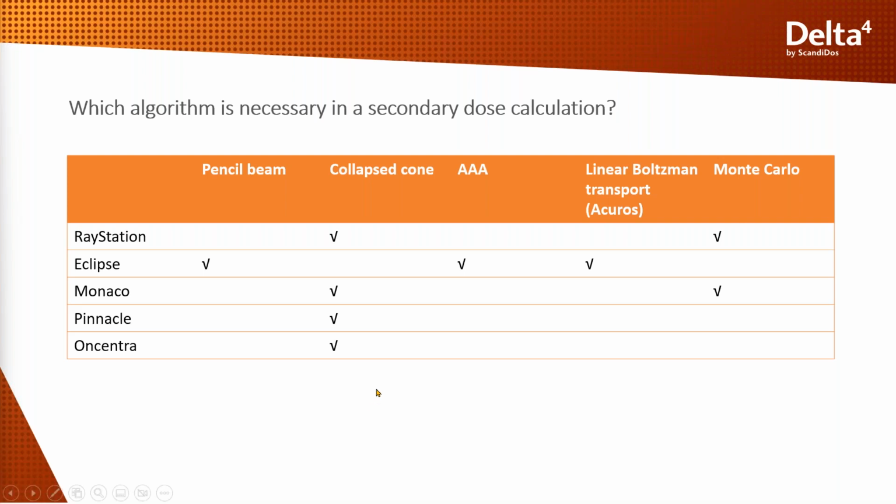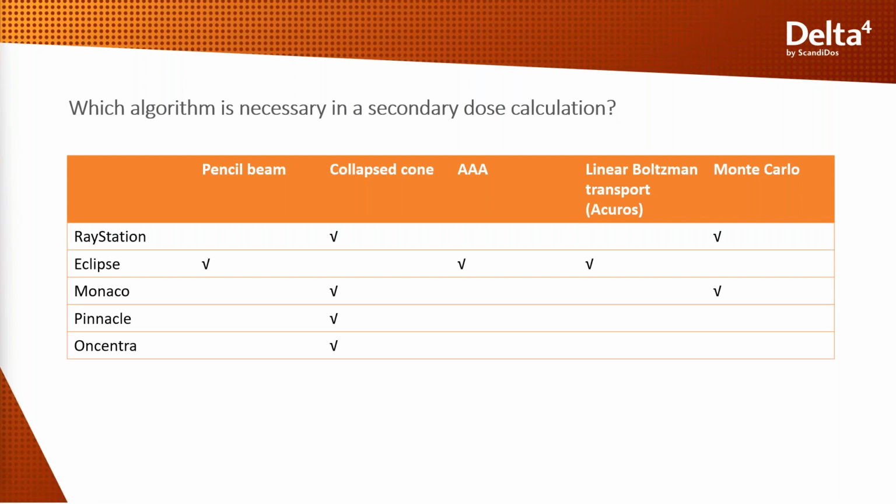So which algorithm is necessary in a secondary dose calculation? Well, to be able to have a qualitative check of a dose calculated, you need to have an algorithm that is equal or better than the algorithm that you are indeed checking. So the algorithm that you have in your treatment planning system must serve as a baseline for your choice of secondary dose calculation.